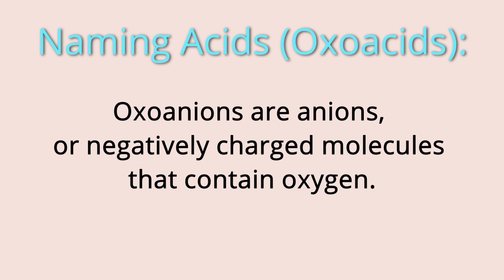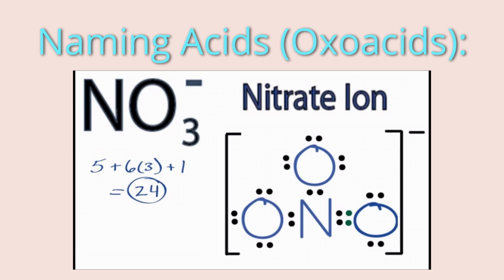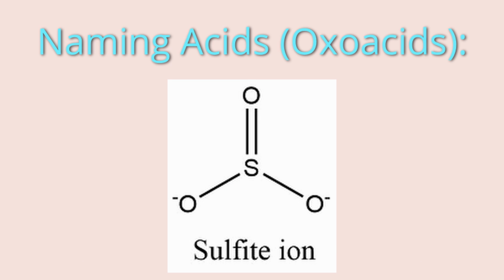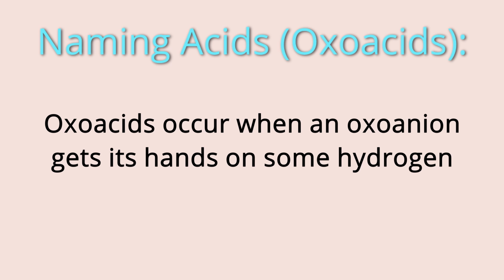A few examples of these would be nitrate, nitrite, sulfite, and these become oxoacids when you start to introduce hydrogen, much like binary acids, which were just one element, but once you added hydrogen, it became an acid. The same thing is happening here. It's just with a more complicated oxoanion.